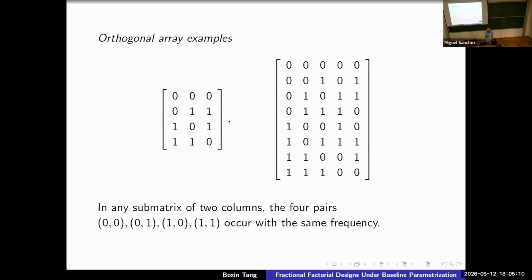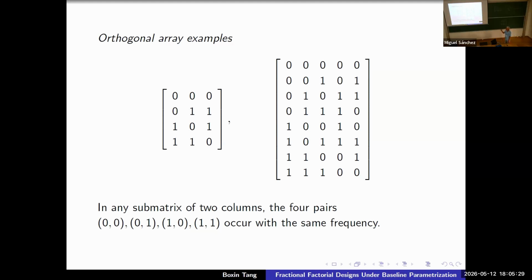Two levels. These are all four combinations, and each of them occurs exactly once, which is true for any other two columns. If you look at the second and third columns, you see the same property. You look at the first and third columns, you also see the same property.